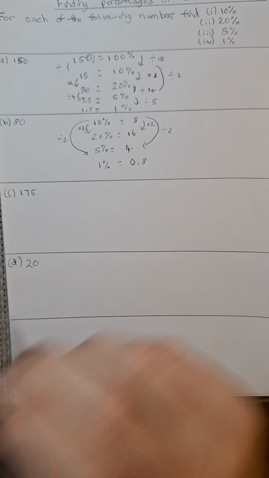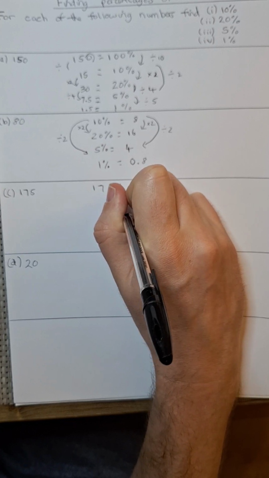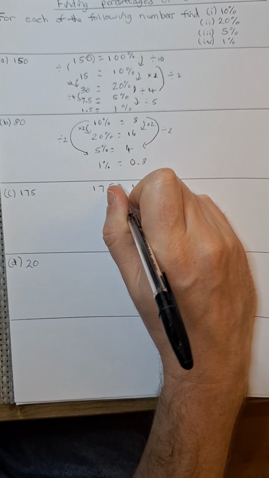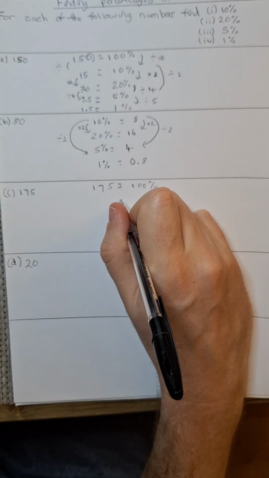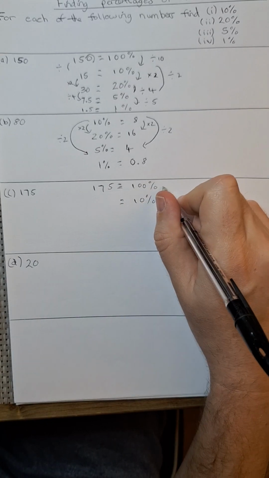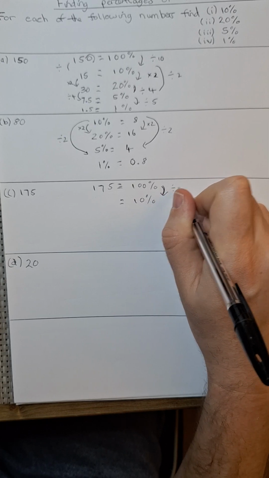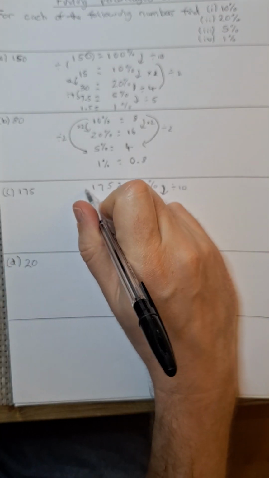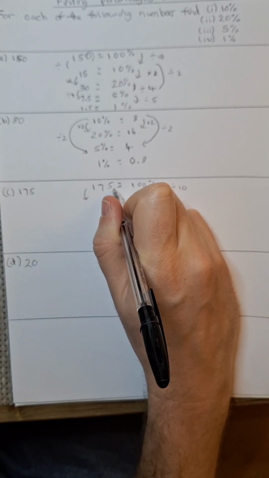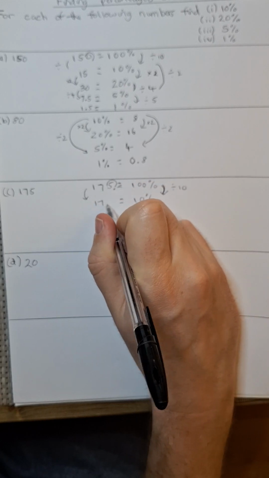Again, I'm just going to say 175 equals 100%. Now to get our 10%, simply do 100 divided by 10, and we apply the same logic here. 175 divided by 10, move the decimal point one place to the left, and it's 17.5.